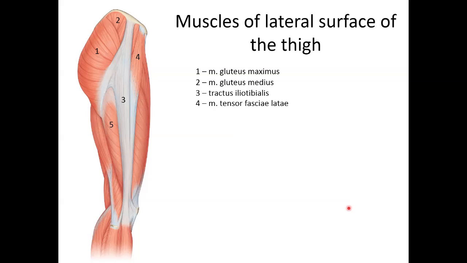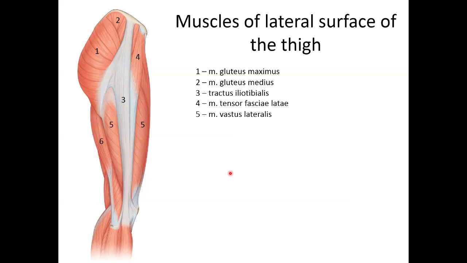Then number 5, what is it? We already discussed this muscle. We said that we can find it not only from posterior but also from anterior aspect. This is musculus vastus lateralis, one of the heads of musculus quadriceps femoris. Musculus vastus lateralis.